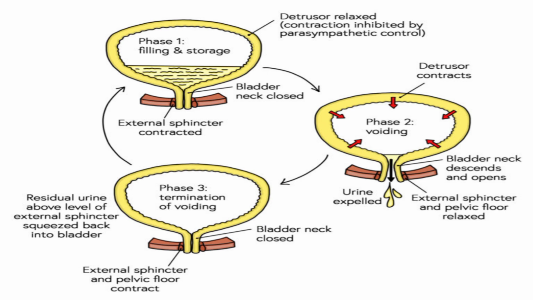In the second phase, the voiding phase, the detrusor muscle contracts, the bladder neck descends and opens, the external sphincter and pelvic floor relax, and urine is expelled through the urethra. Phase 3 is termination of voiding: when there is no urine in the bladder, the bladder neck becomes closed, the external sphincter and pelvic floor contract, and residual urine above the level of the external sphincter is squeezed back into the bladder. So this picture is clearly showing the stages of micturition.